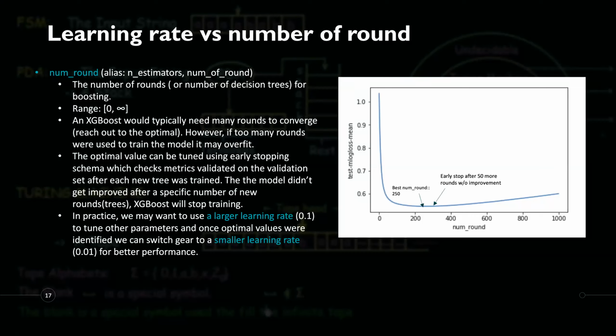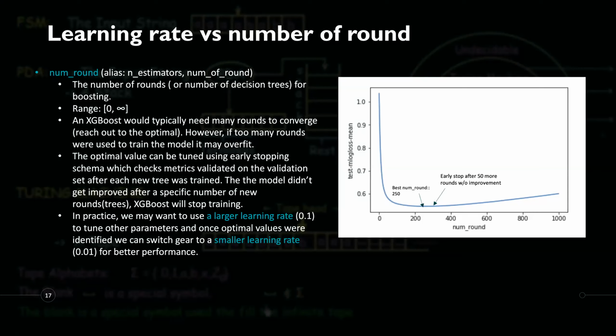But after 100, it becomes much smoother. In our case, it turns out that the best number of rounds is 250. But how can we find that 250, right?